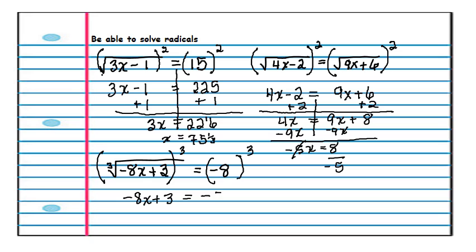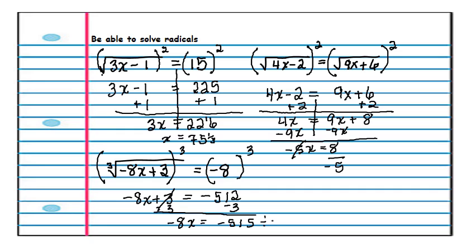So a negative 512. And we're going to take away a 3 and take away a 3. And we get a negative 8x equals a negative 515.